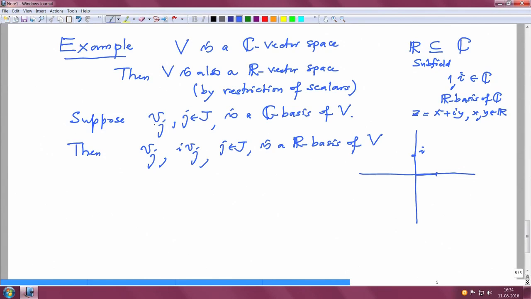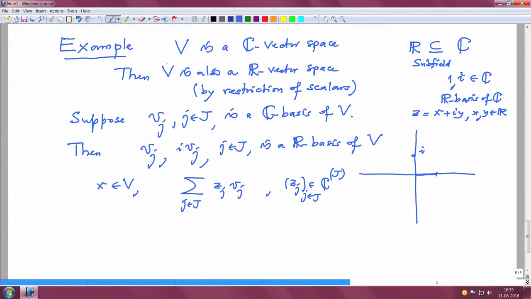What is given to us is that every element x of V we can write as a combination with complex coefficients: the sum over j in J of z_j times v_j, where all but finitely many z_j are non-zero, so z_j belongs to C^(J).